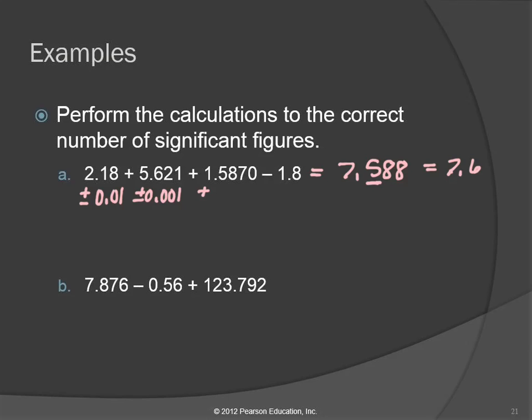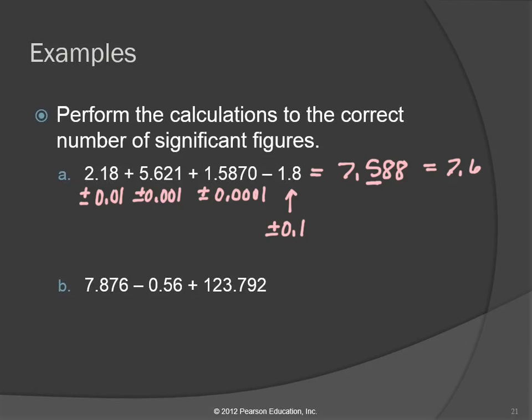This has uncertainty 0.0001. And this one has uncertainty of plus or minus 0.1, because that is a measurement with uncertainty in the tenths place. The 8 is uncertain, could be a 7, could be a 9. That's what plus or minus means. It might be plus 0.1, might be minus 0.1.